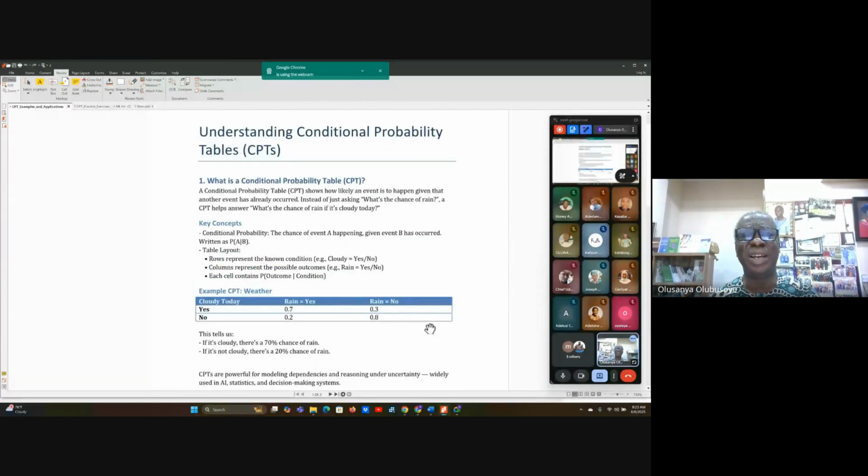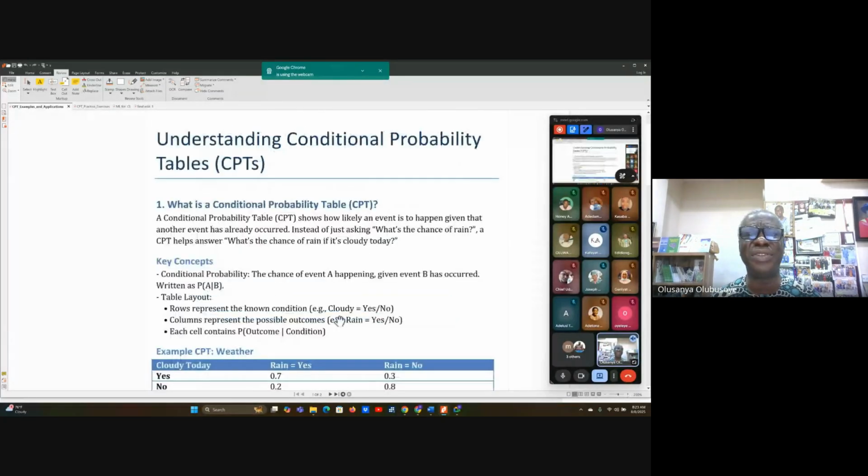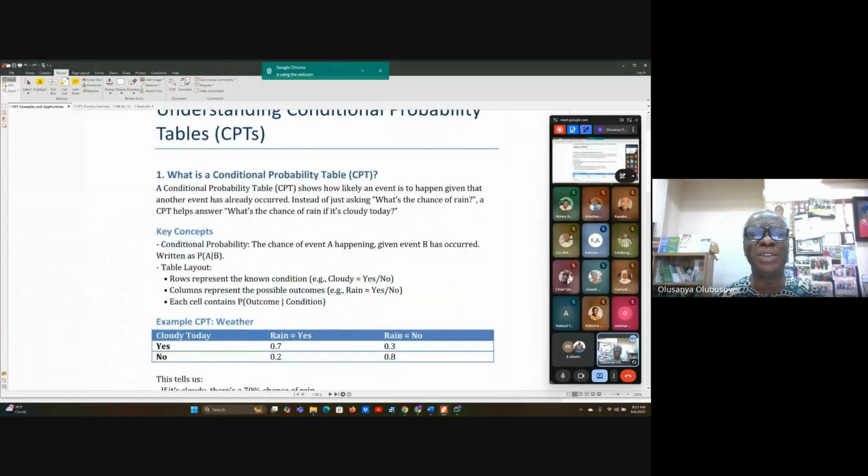So I've already explained, when we talk about conditional probability table, it's a table that shows how likely an event is to happen given that another event has already occurred.